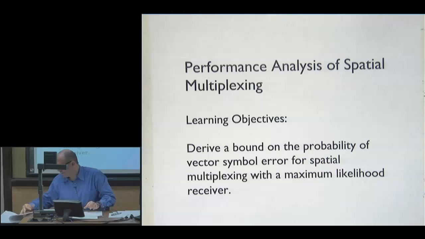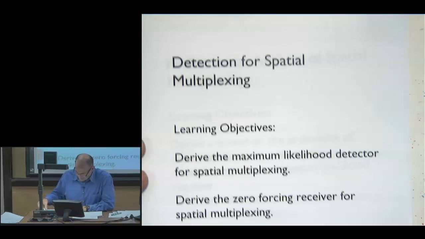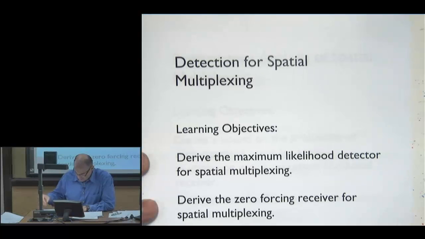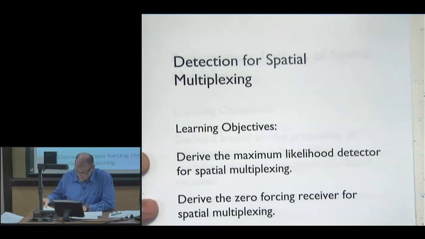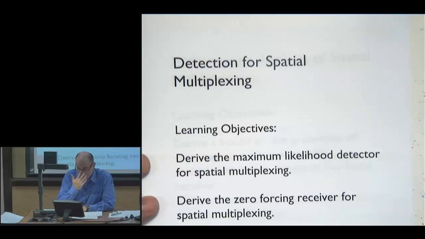I think that's it for today. So to summarize here, we derived the detector for spatial multiplexing. You should be able to derive the ML detector and derive the zero forcing receiver here. So I could imagine giving a related problem on, let's say, the final exam related to one of these.